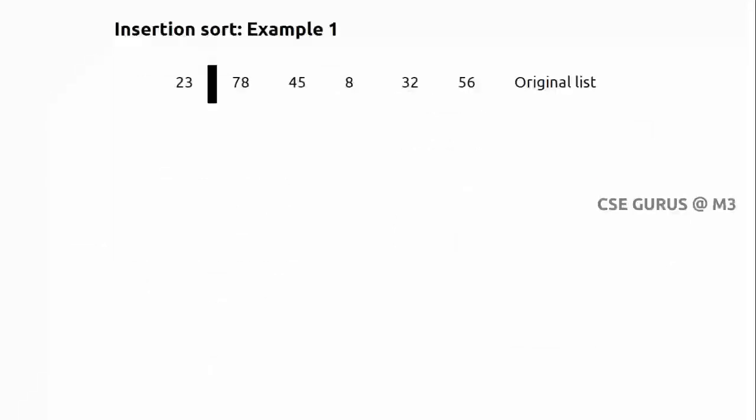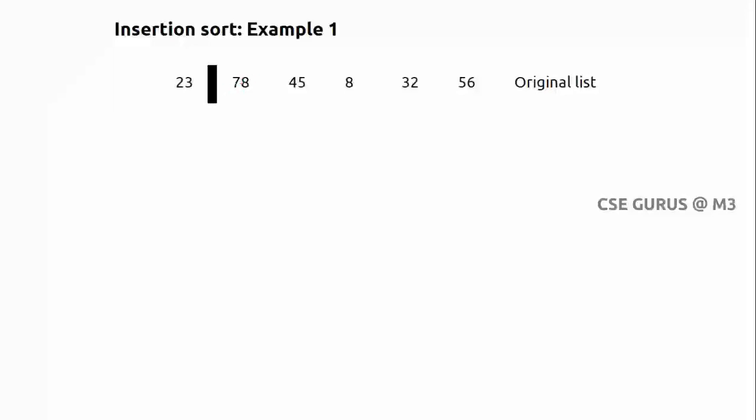So this is the original list. Now you can see the bar. I told you, sorted and unsorted. Now this black bar is directly after the first element, right? So your insertion sort will start from the second element. So now this 78 you have to take first.